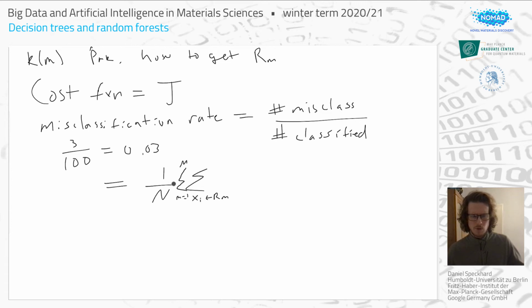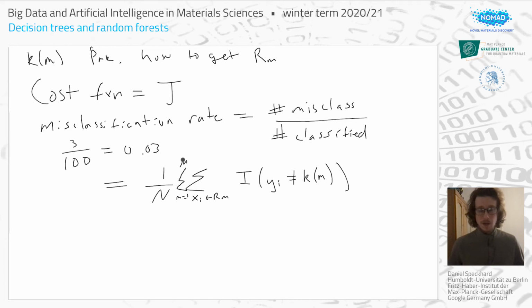We sum over all of the regions, then over all of the data points in that specific region. Then we have an indicator function, where yi is not equal to k of m. We want to know the times we classified this data wrong, because remember, k of m is our estimate for the class label for region M. If we sum this up, we get the number of misclassified data points, and if we divide by n, we have the number of misclassified data over the number of classified data points.